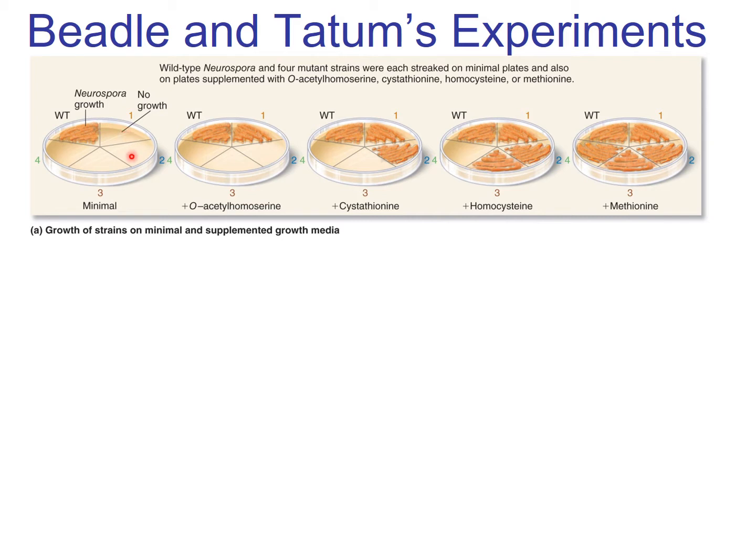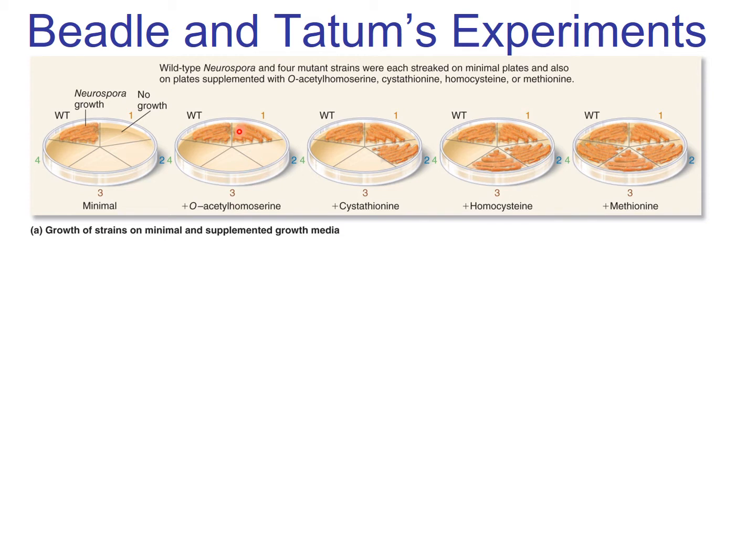And none of these mutants could grow on just minimal media. But they knew there were certain compounds in the pathway for synthesizing methionine. And they would add each of these compounds to different plates and see which strains would grow. So in this first case, they added O-acetylhomoserine.